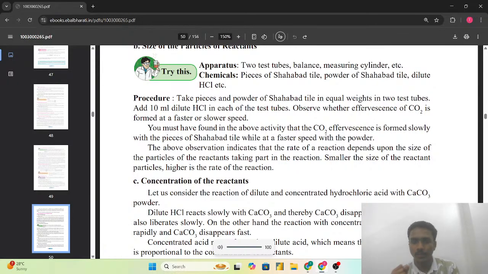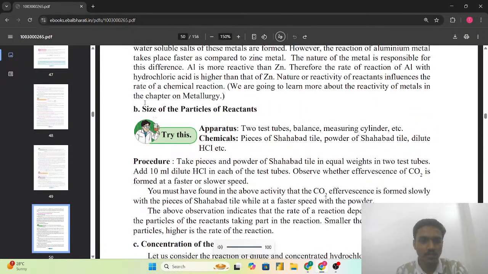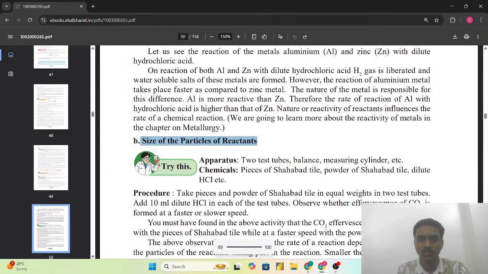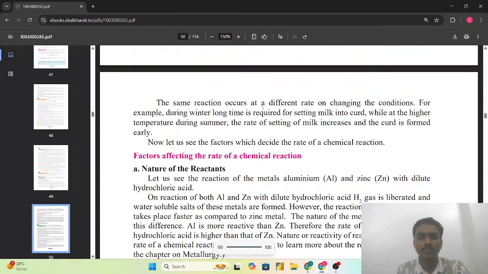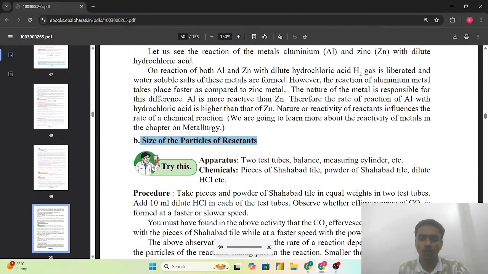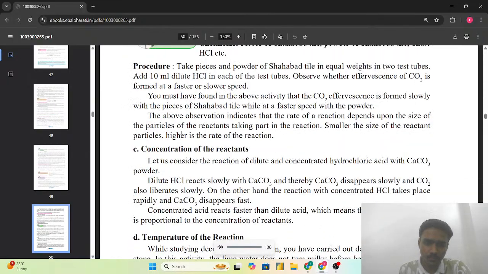But if we break it into smaller pieces or into powder form, the reaction will happen at a larger rate. So the size of the particles of the reactants is an important factor in the rate of the reaction.